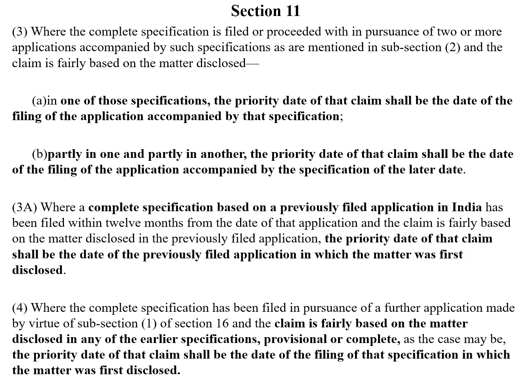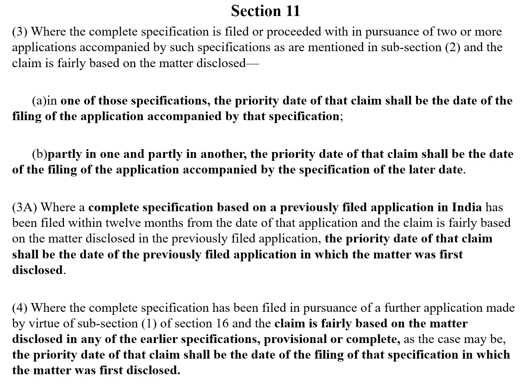Subsection 3 deals with when a specification is filed with two or more applications. How do you find the priority dates of these kinds of applications? When two or more applications are accompanied by such a specification, what will be the priority date?